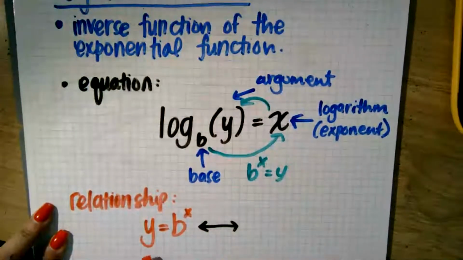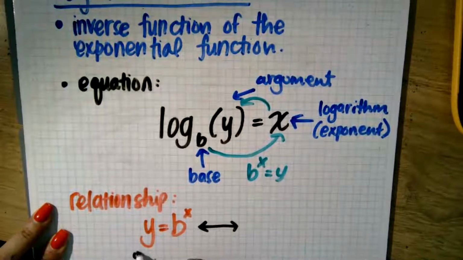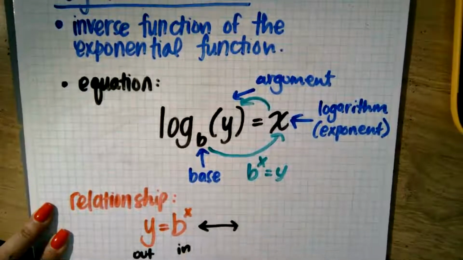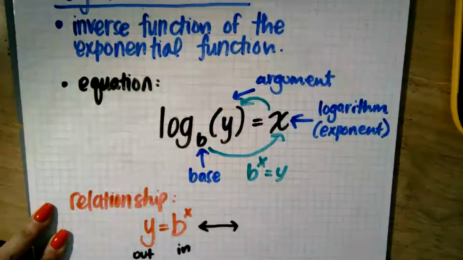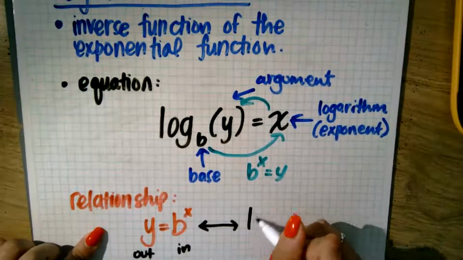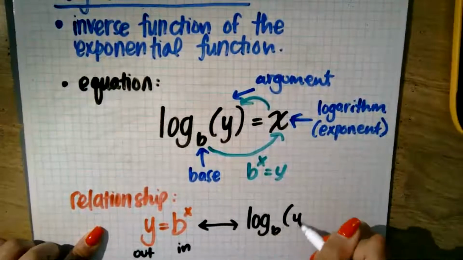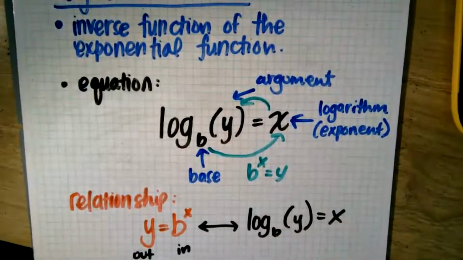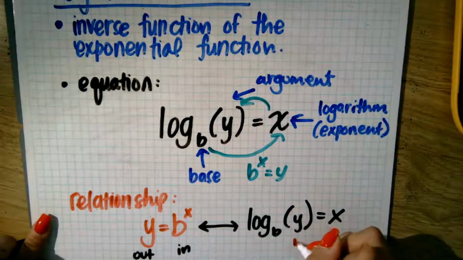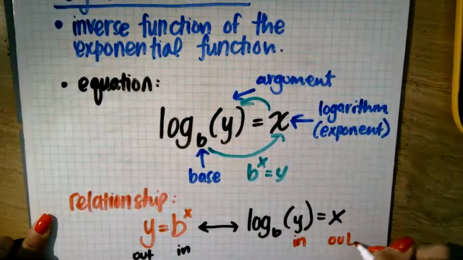Let's look at it. Here I have an output, and here is my input, right? My input is x and my output is y, yes? So let's see if that makes sense. Here, this is my input and this is my output.